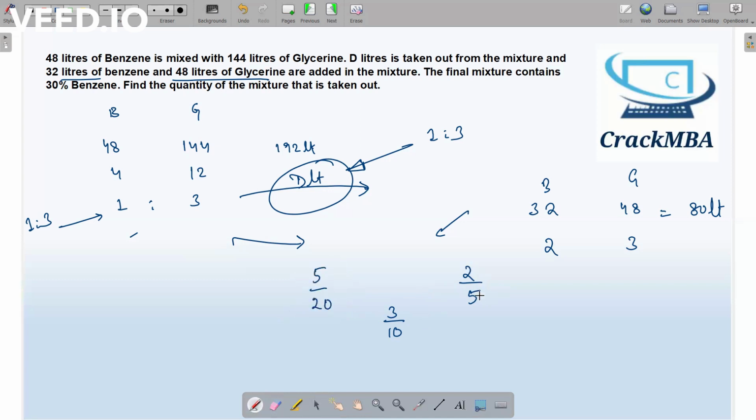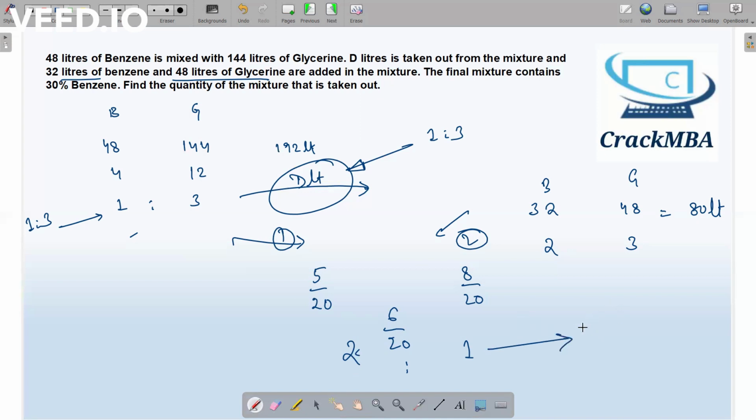Here multiply by 4 and divide by 4, 8/20. And here 6/20. Now we can apply alligation very quickly. 6 minus 5 is 1, 8 minus 6 is 2. So this solution and this solution will be in the ratio of 2:1.